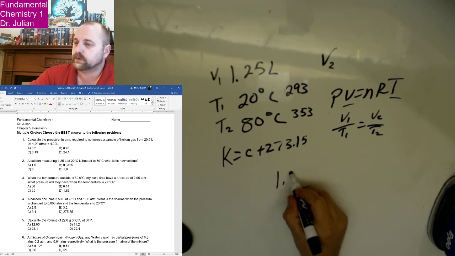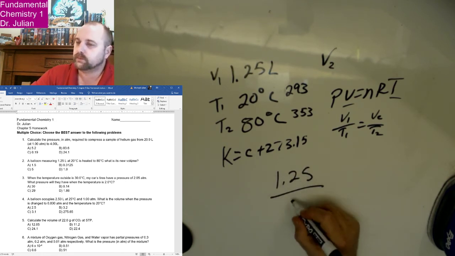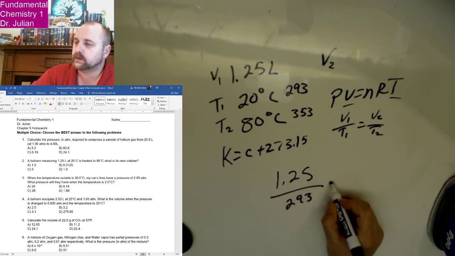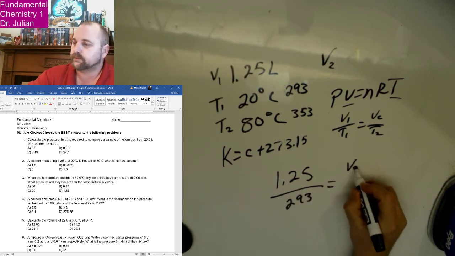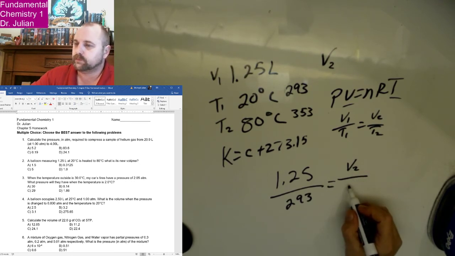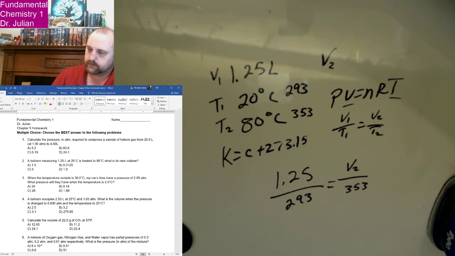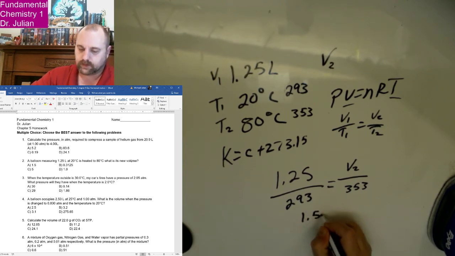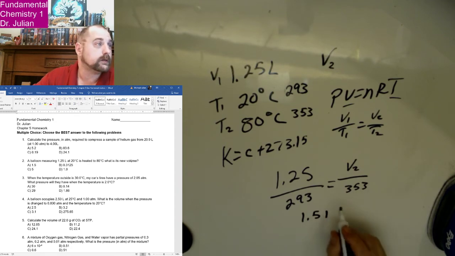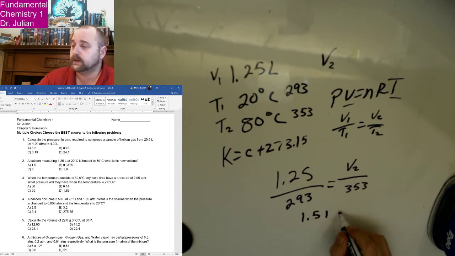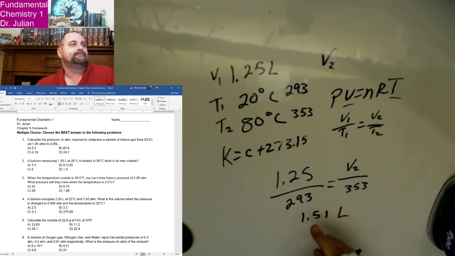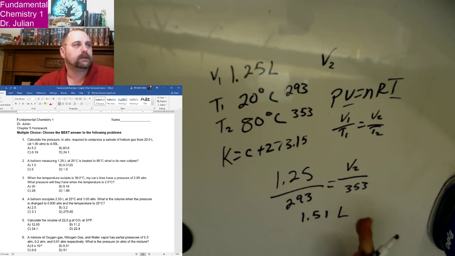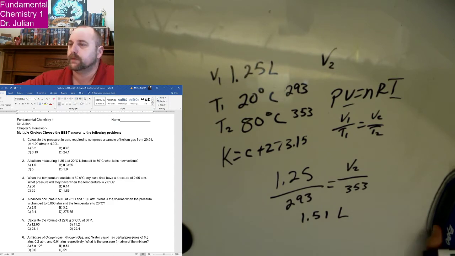Volume 1 is 1.25, temperature 1 was 293, volume 2 is what we're trying to find, and temperature 2 was 353. 1.25 times 353 divided by 293 is 1.51. Close enough, 1.5, that's A, liters. We heated it up and it expanded. That makes sense.